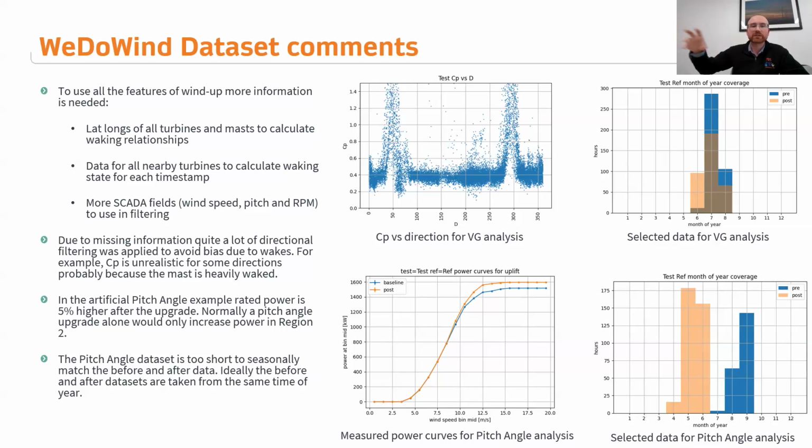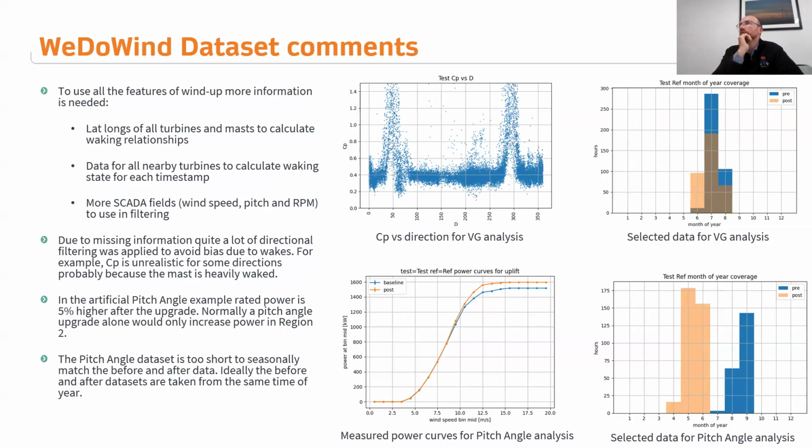When we have that information, Windup can use it to discriminate between this turbine is waked in this timestamp versus this turbine is not waked in that timestamp, and use the data differently. And Windup also likes more fields, especially pitch and RPM, and the wind speed of the turbines, of course, because those are quite useful for filtering.